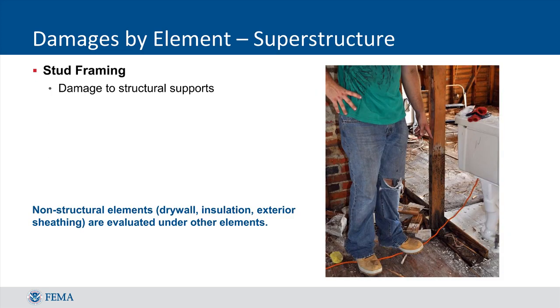Next, we'll look at how to evaluate the damage to the superstructure of a home. When looking at a common stud frame structure, one of the first evaluation points should be to determine if there is damage to the studs. Remember that the superstructure only refers to the bones of the structure, and not to elements like drywall or insulation, which do not support the stability of the structure.